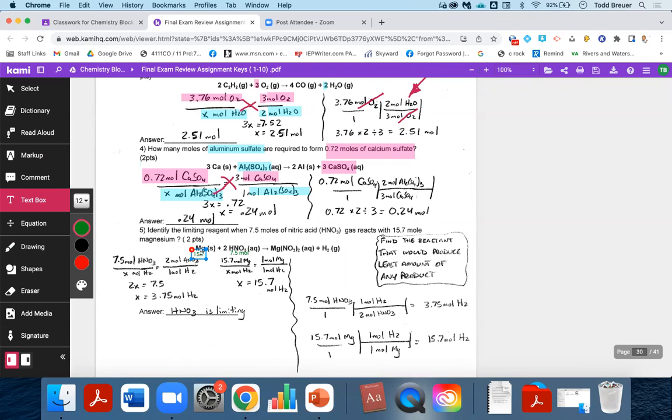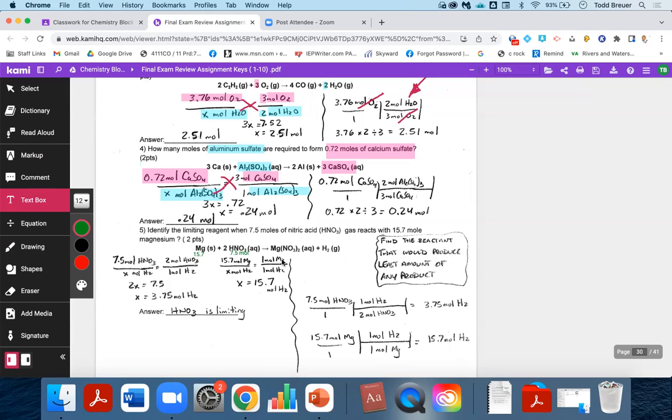So I started with 15.7 mole of magnesium, and I did exactly like I did above. I made magnesium become hydrogen gas by using the given amount, 15.7 mole of magnesium, over the desired amount, X mole of hydrogen.